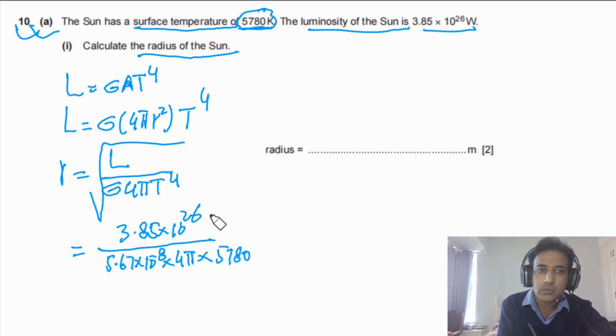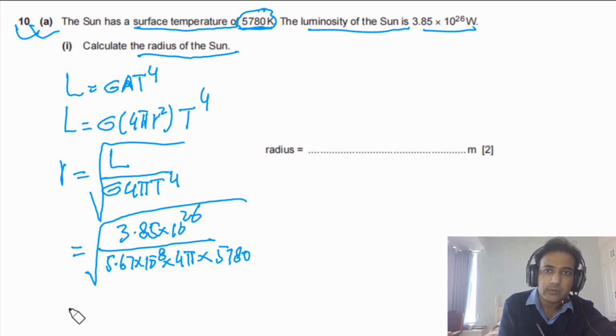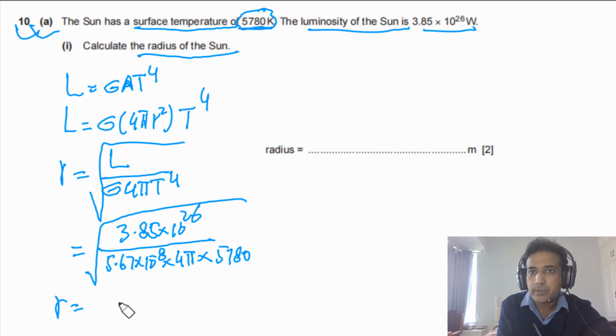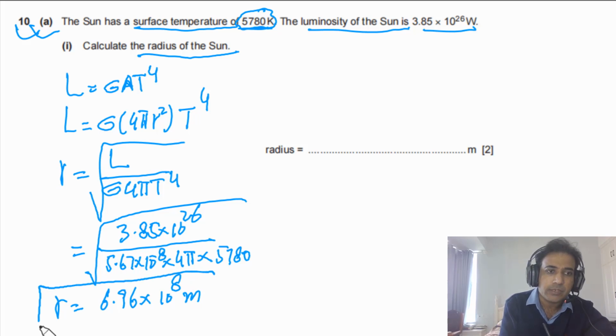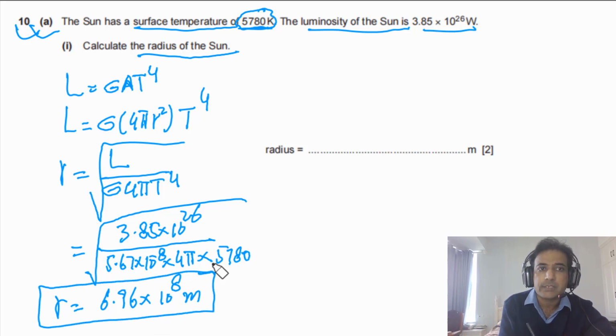If we take the root of this, we will get the value of r. R will be equal to 6.96 times 10 to the 8 meters. So this one is the radius of the sun. So we can write here 6.96 times 10 to the 8 meters.